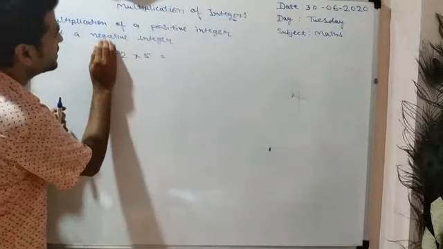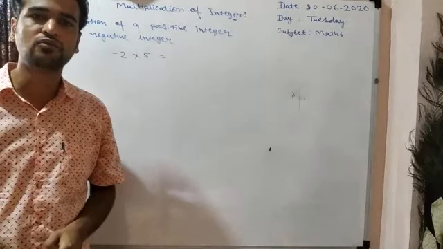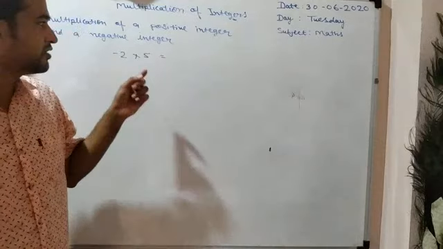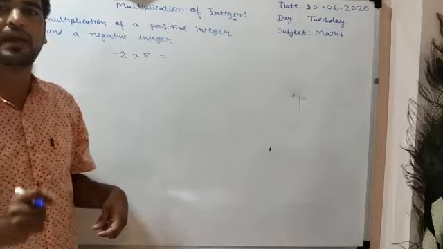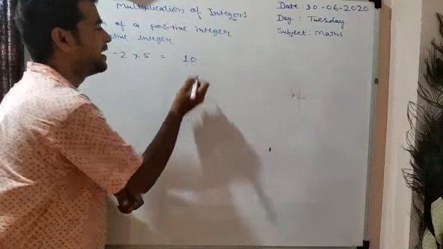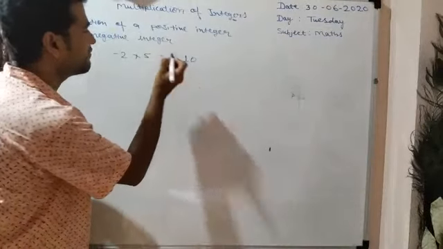And we can multiply 2 into 5, 2 5s are 10. It means whenever we have a negative and a positive integer, multiply the integers as we multiply whole numbers. 2 into 5, 2 5s are 10. And then you can write the negative sign. So what will be the result? Minus 10.